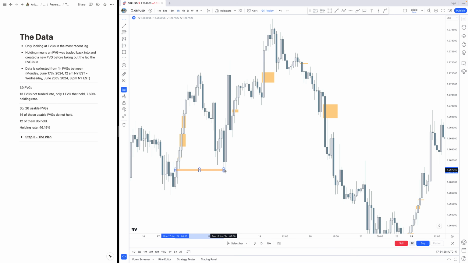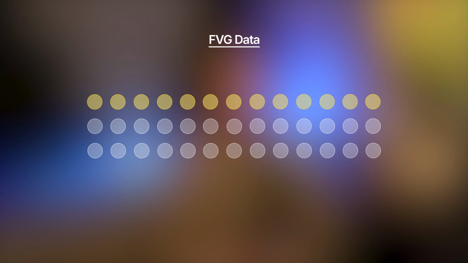Off of this fair value gap, we actually had a sting into it to then follow through higher with a new fair value gap. That means in this sample size, the fair value gaps that have not been traded into have a holding rate of 7.69%. So we can determine of those 39 fair value gaps that 13 of those are just extremely low probability. So we don't want to use those. We want to focus on the 26 that are left.